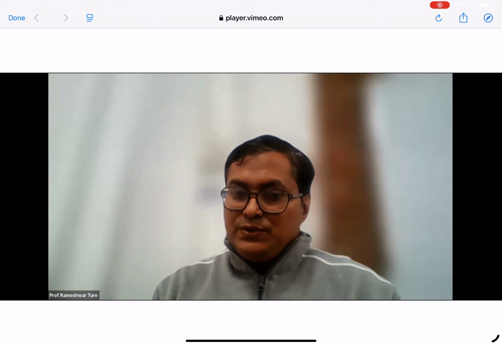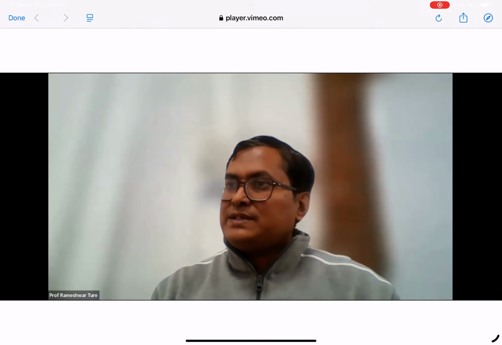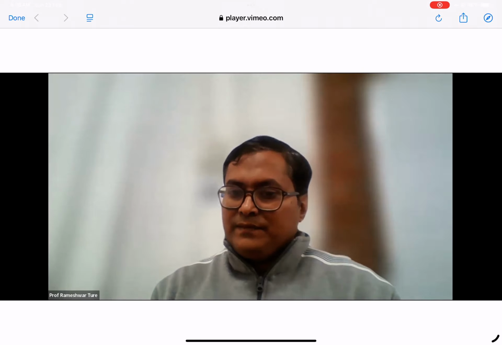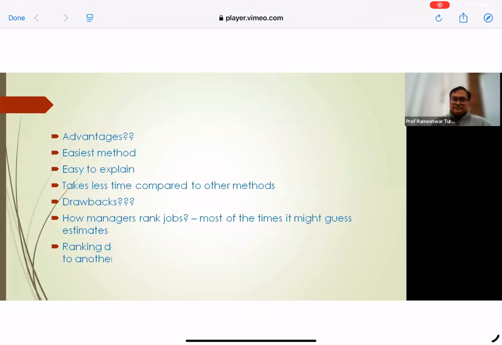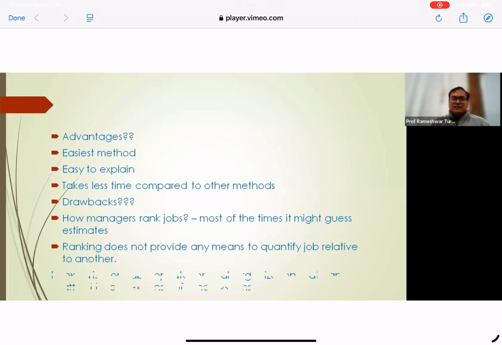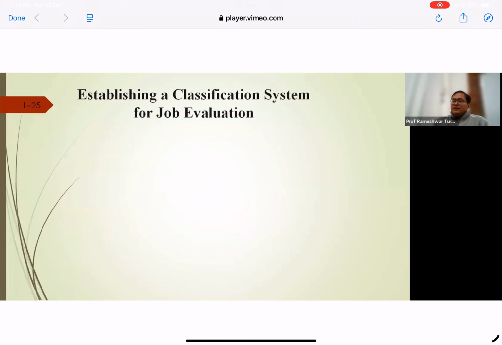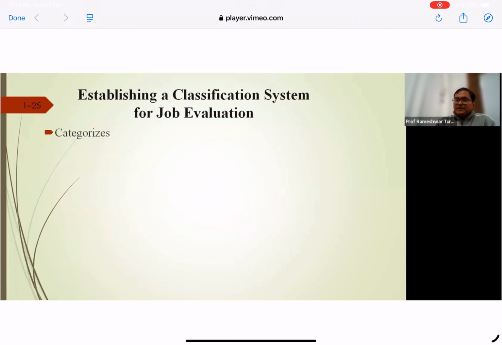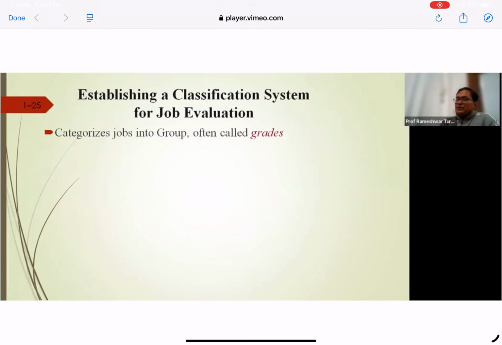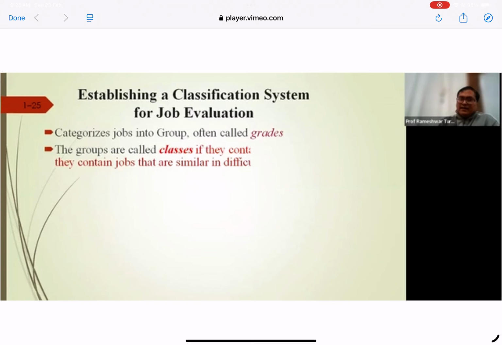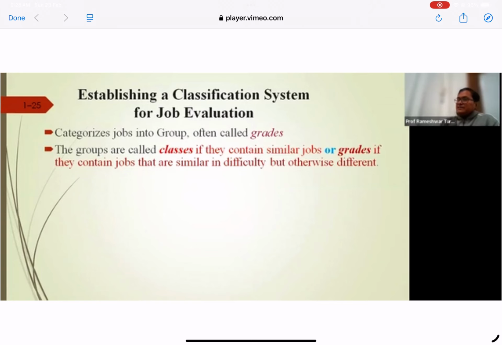But government also uses some form to check internal equity: the classification system. It categorizes jobs into groups, often called grades. The groups are called classes if they contain similar jobs, or grades if they contain very different types of jobs.